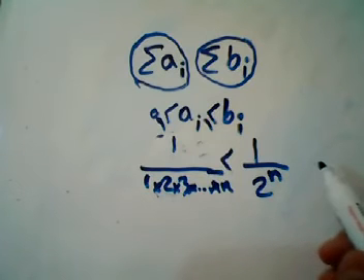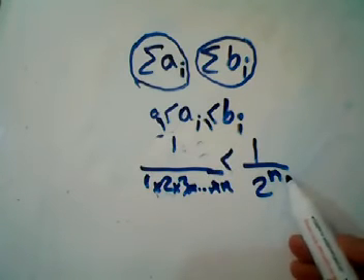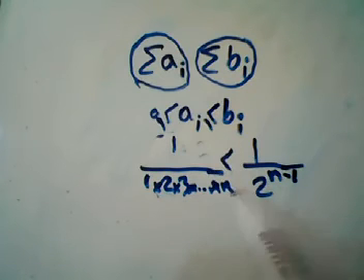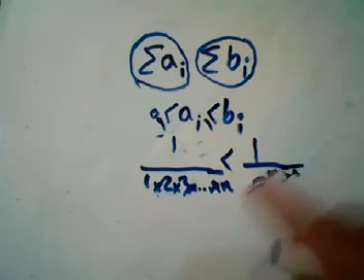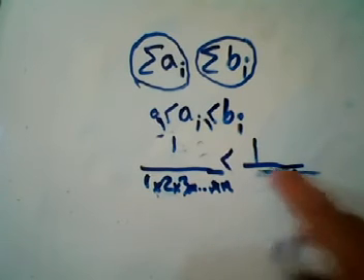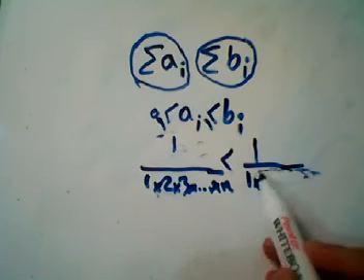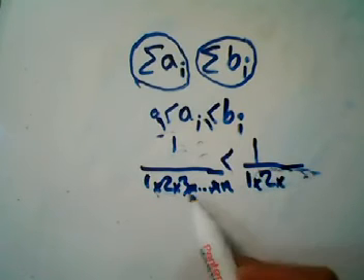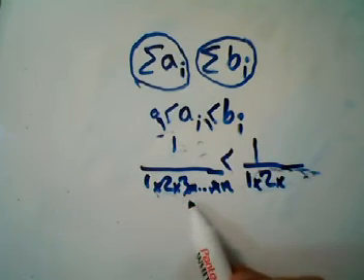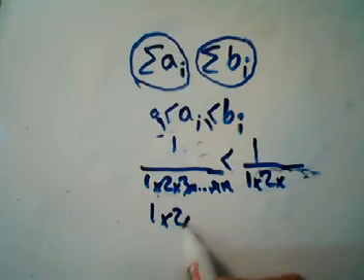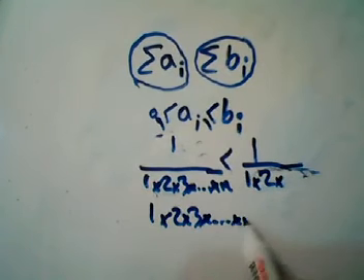Let me write it this way: this is 1, this is 2, dot dot n.